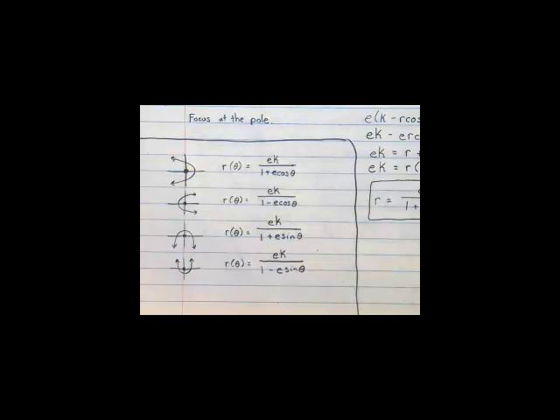So these that open left or right are cosine. Sine always talks about the y-axis, so ones that open up or down involve sine. And then it's just that little plus or minus sign, and it's the opposite of what you would expect. So if it opens right, it's minus. Left is plus. Up is minus. Down is plus. Because when you're measuring, it's like the opposite quadrant. Yeah, exactly.